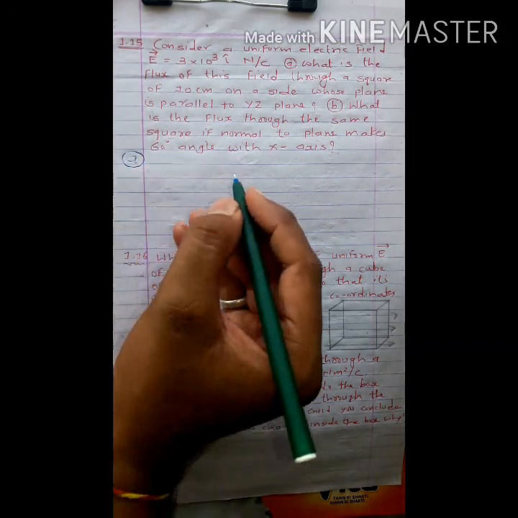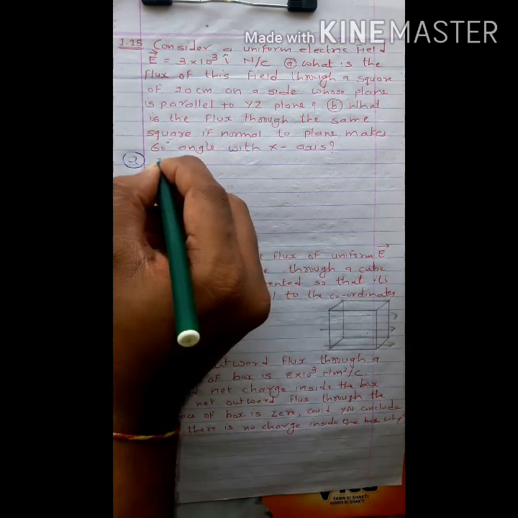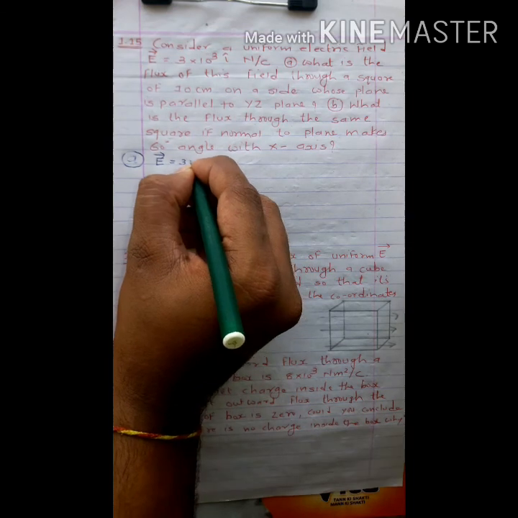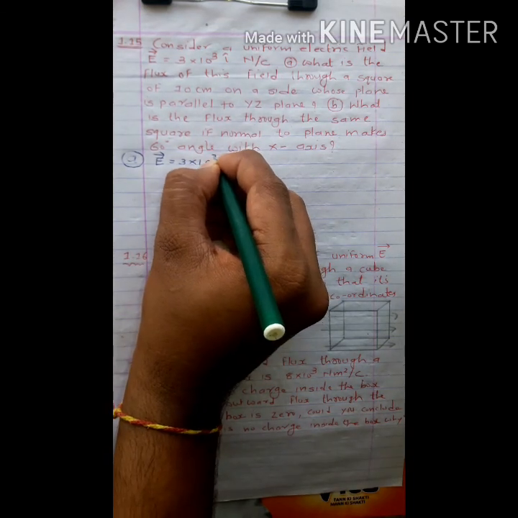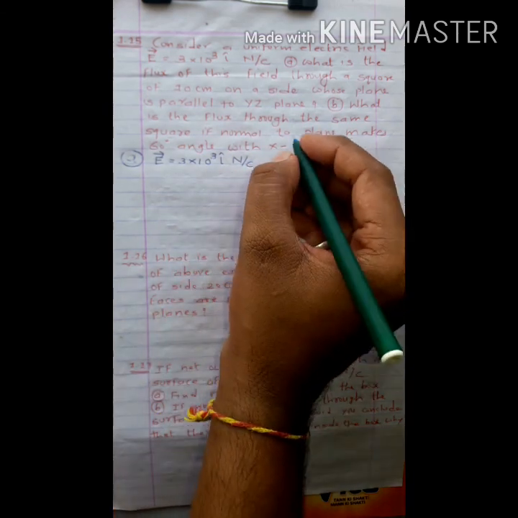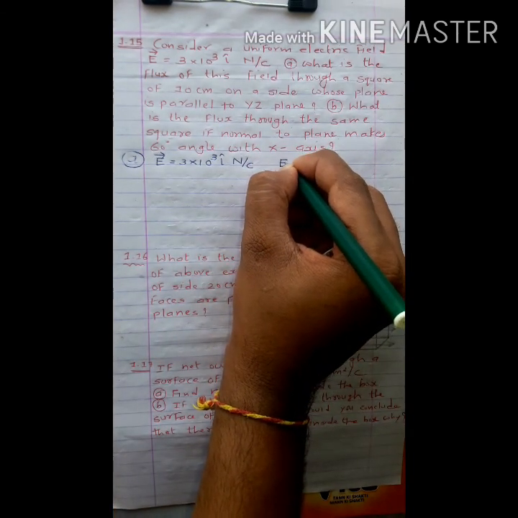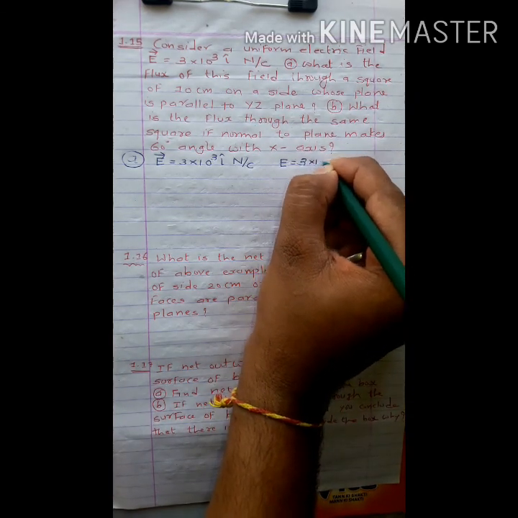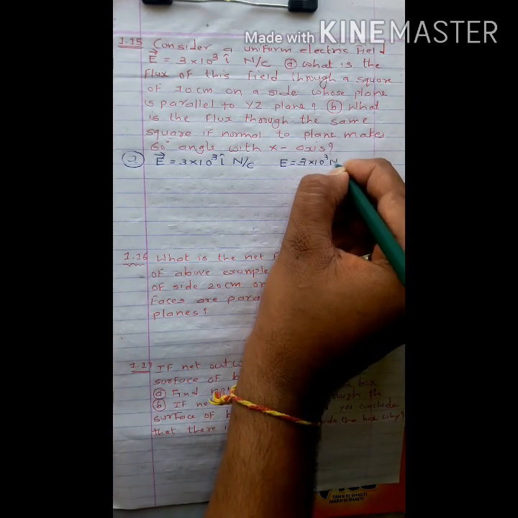Here the direction of the electric field is given: vector E is equal to 3 into 10 to the power 3 i cap newton per coulomb. Therefore consider only the magnitude, so electric field E is equal to 3 into 10 to the power 3 newton per coulomb.